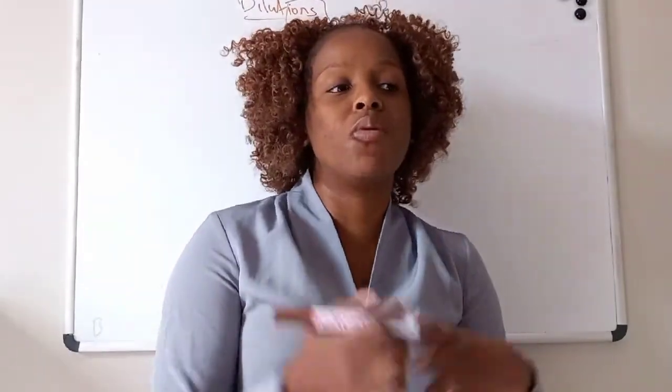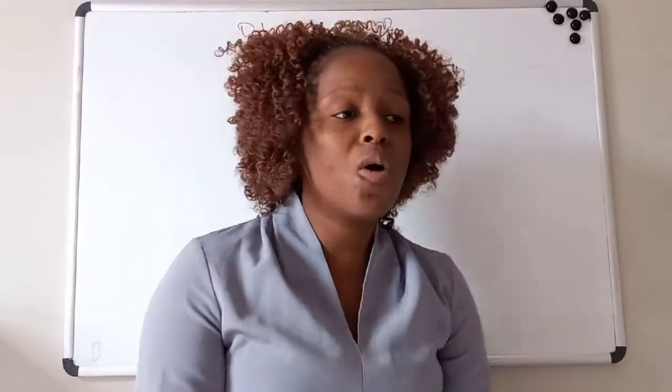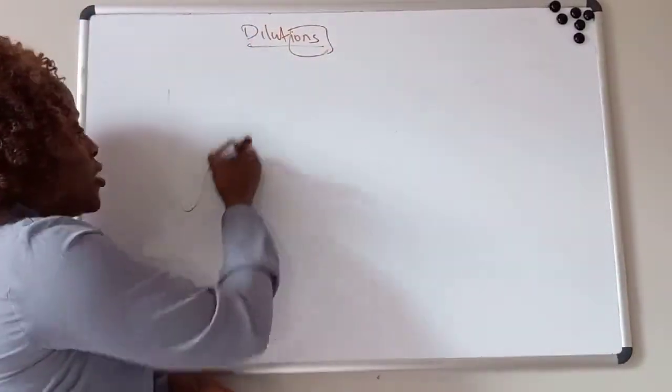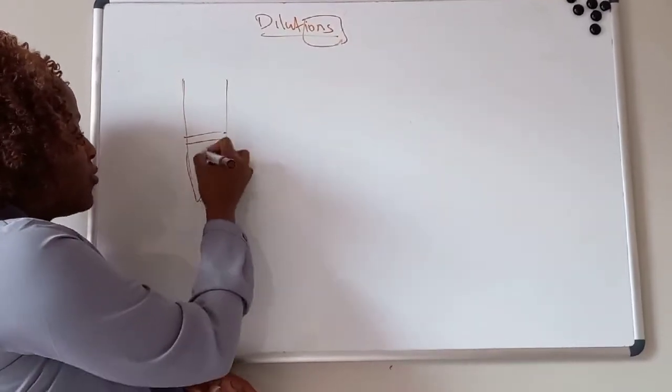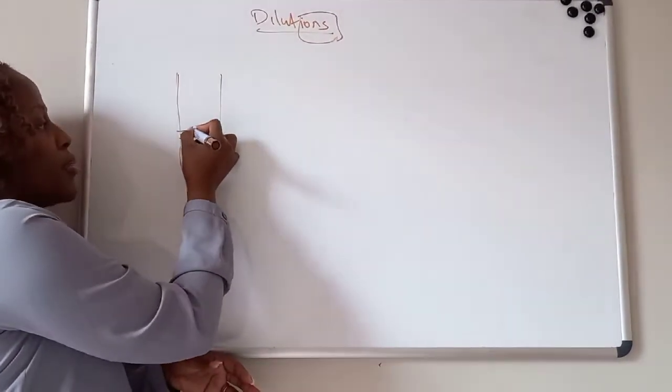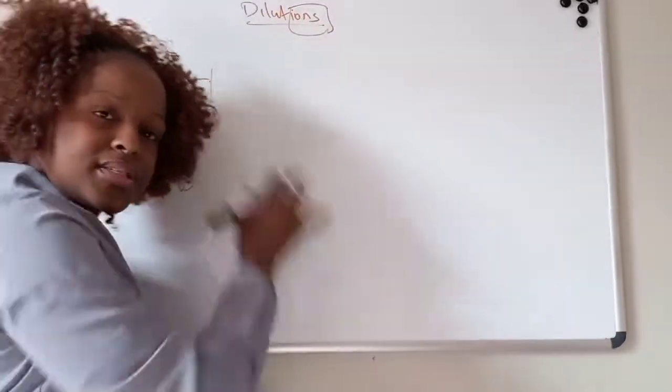What I can advise is that it is always wiser, before you start with your dilutions, to check how much serum you have. If this is your patient sample, obviously this will be your red blood cells, your buffy coat, and then this is your serum.